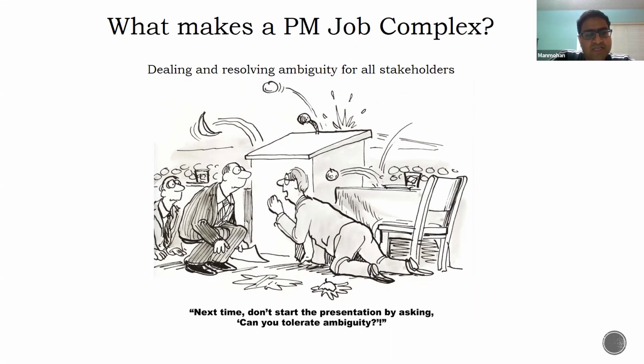So the first thing that makes PM job complex is dealing with ambiguity. And as a PM, it is our responsibility to resolve the ambiguity for all our stakeholders. Otherwise, getting their support for a product will be a far-fetched idea, because every stakeholder is expecting a product manager to come up with a clear objective of the project and resolve all the ambiguity for them.